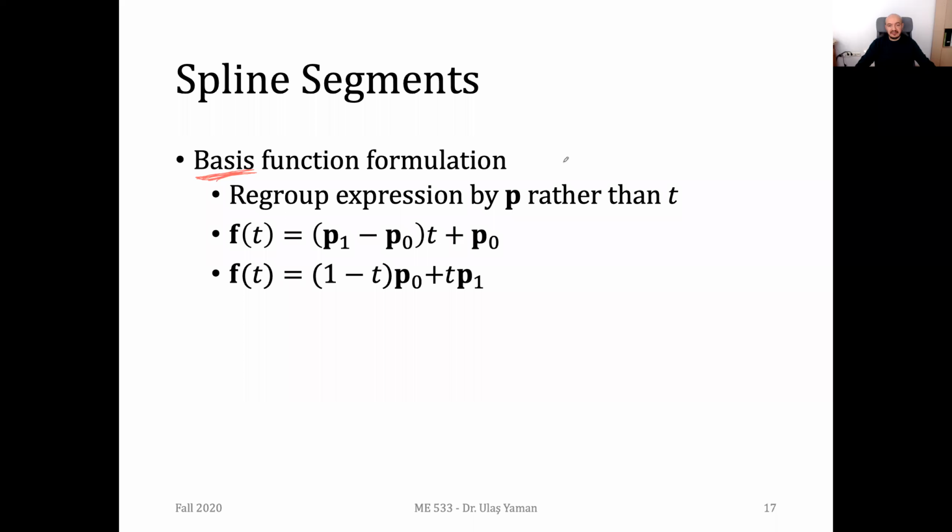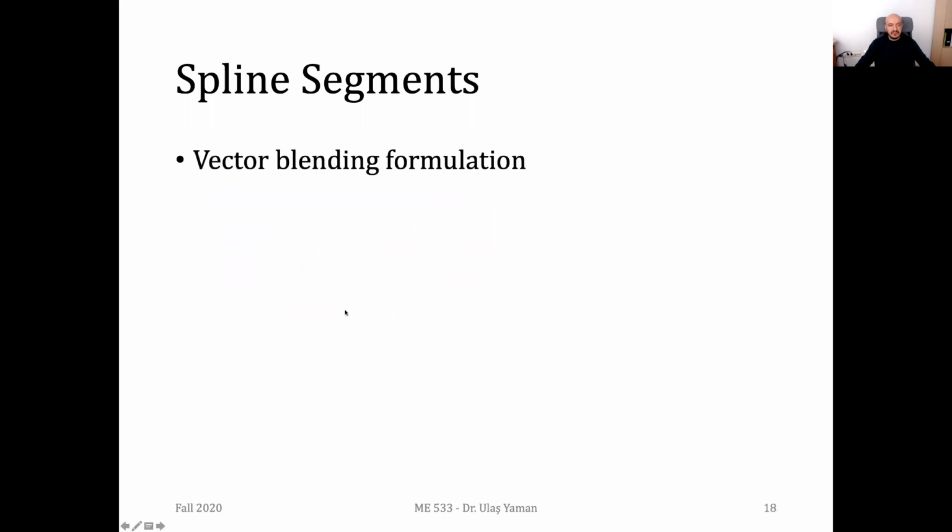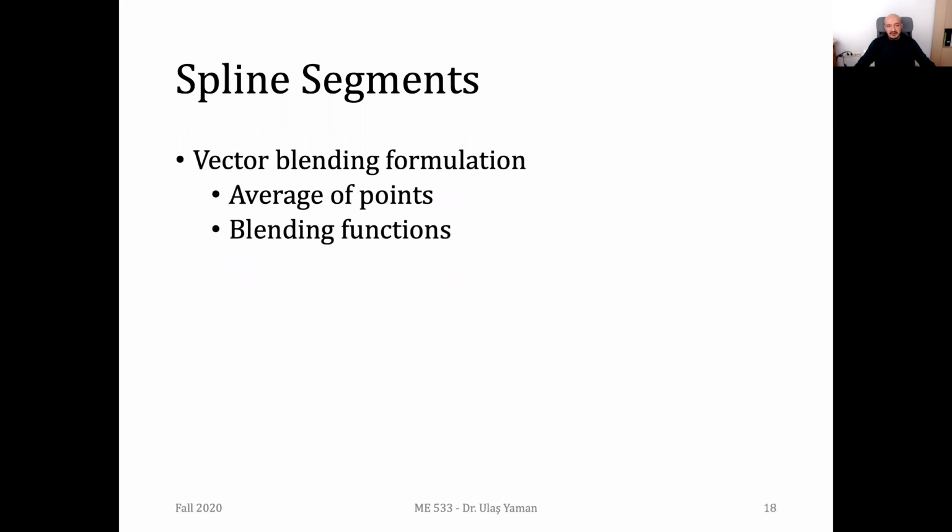This is the result. Now I can represent it again in terms of matrix formulation, but as you see, it's the same. We just need to multiply this part. And this is actually the 1x1 result I mentioned in the previous slide. So we said that we are always using a linear combination of the control points.